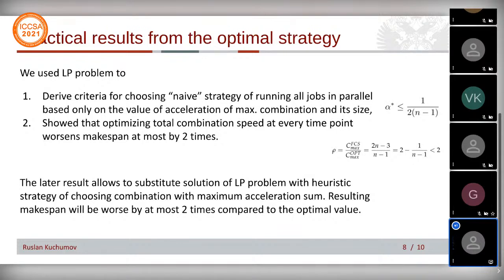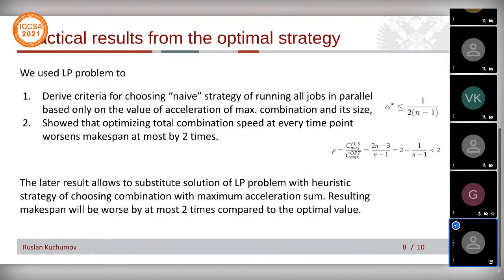Another result that we obtained is that it's possible to show that another very similar strategy can be applied very effectively, which we refer to as FCS. The strategy is simply to search for the combination that has the highest value of task processing speeds. And we have analytically shown that the competitive ratio of this strategy is at most 2.